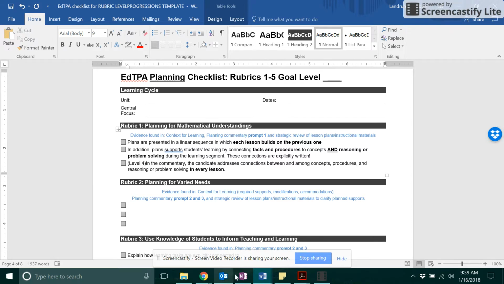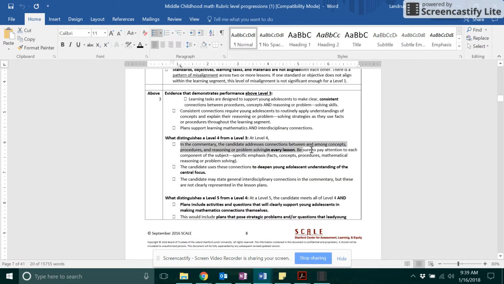Secondarily to that, I saw one thing. You need to address how you use these connections to deepen young adolescent understanding of the central focus. Okay, here's that keyword, central focus. Make sure you're tying those things together.